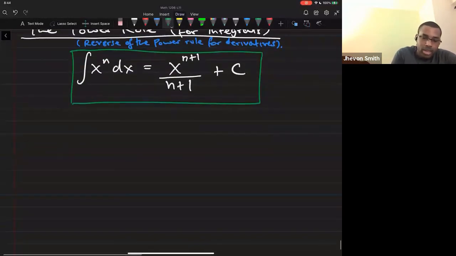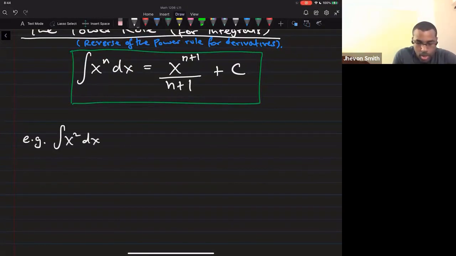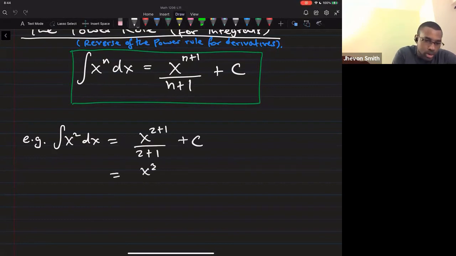In fact, this was what we did with the antiderivative of x squared. We added 1 to the power, and then divided by the new power, plus c. That gave you x cubed over 3, which you could check for yourself was actually the derivative.